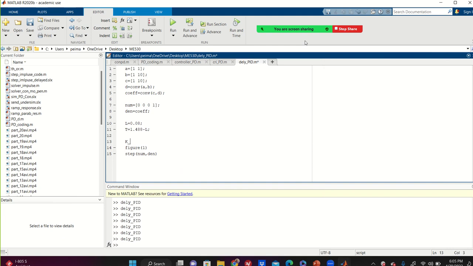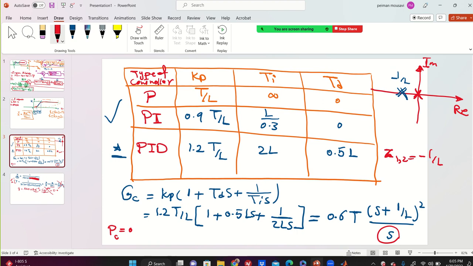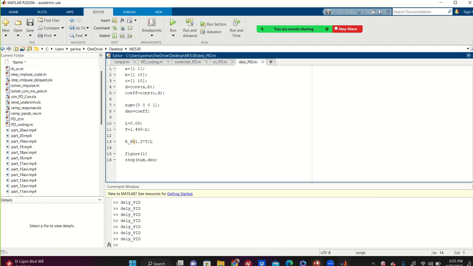So your KP is going to be 1.2 multiplied by T over L. Your TI is 2L.